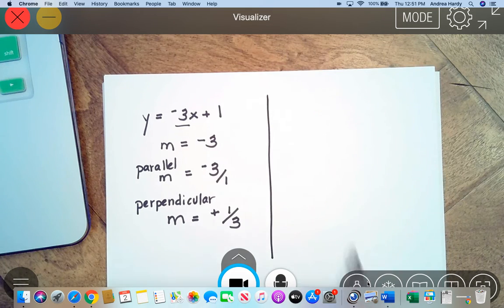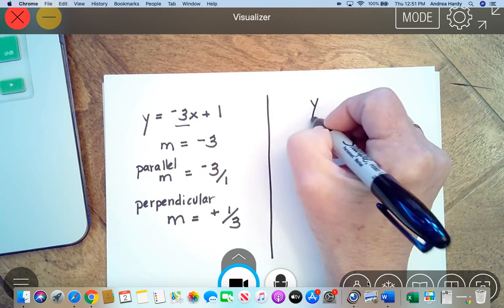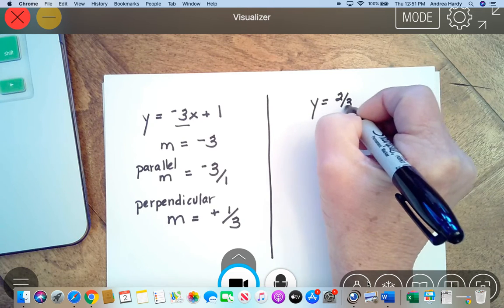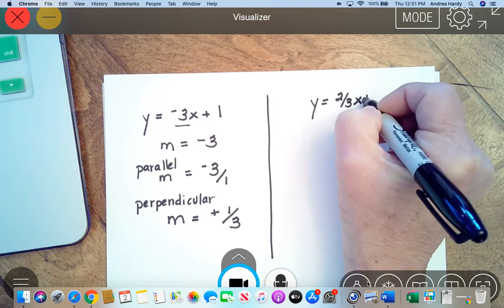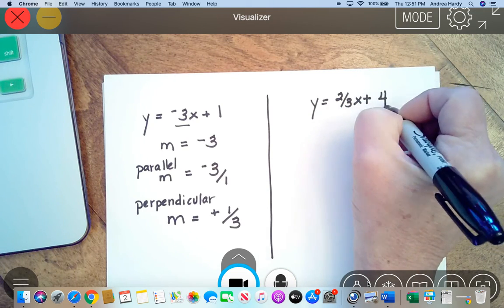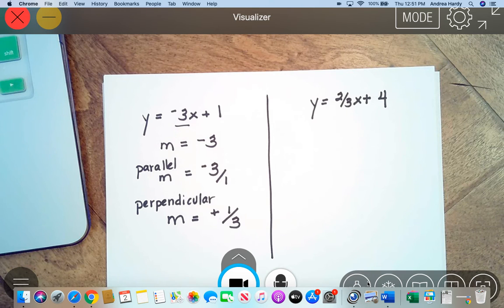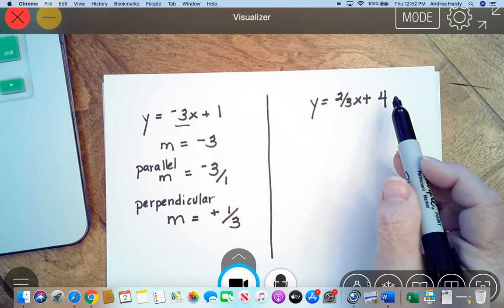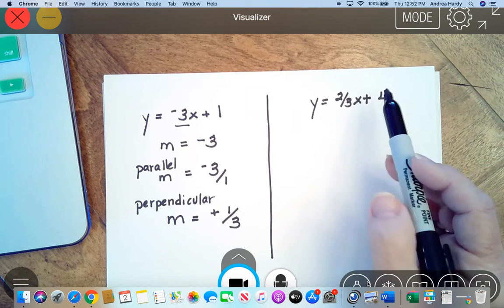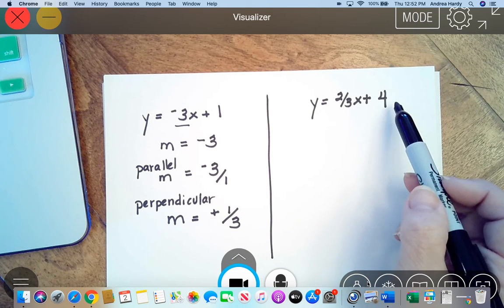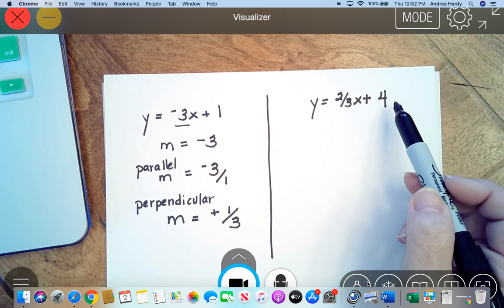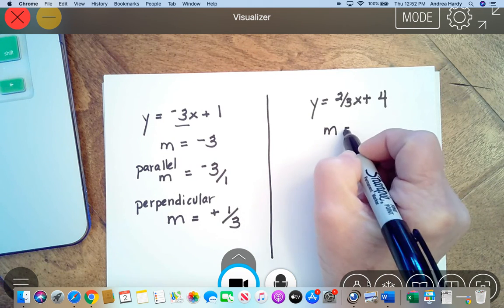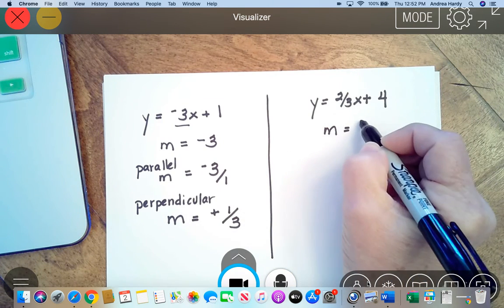Let's look at another example. y is equal to 2/3 x plus 4. Here's my function. This is in slope-intercept form. My slope is 2/3. My y-intercept is 4. So the slope of this line is 2/3.